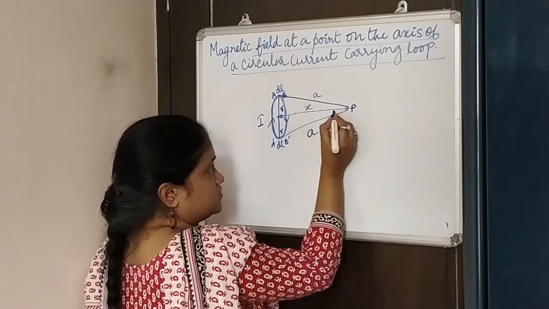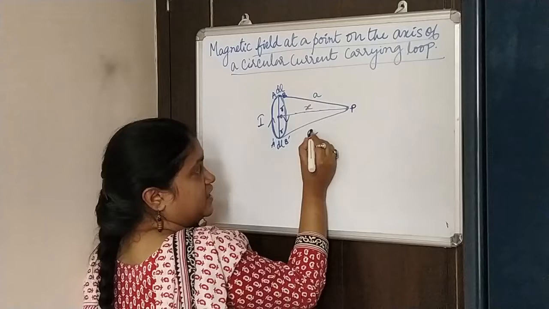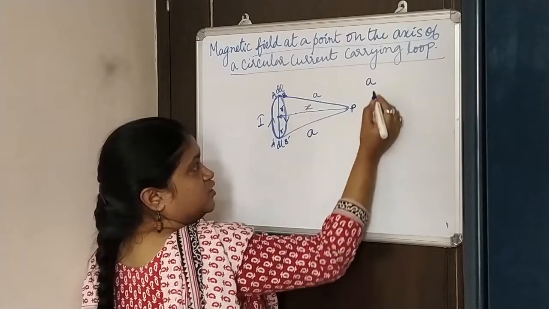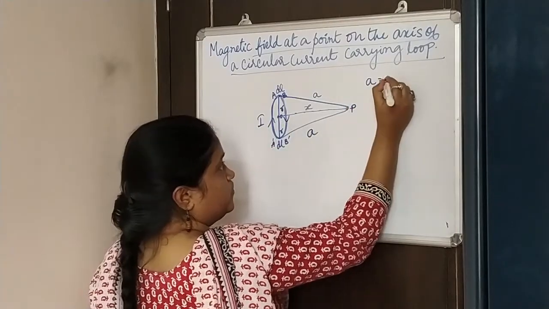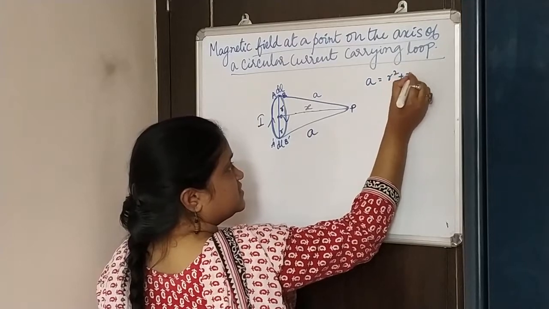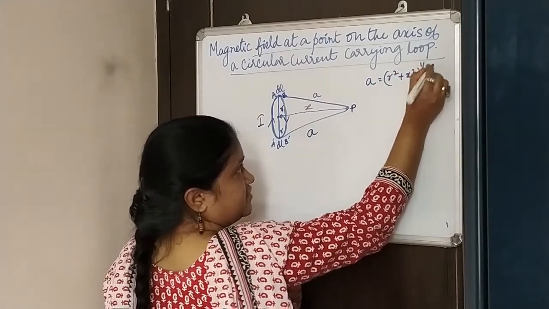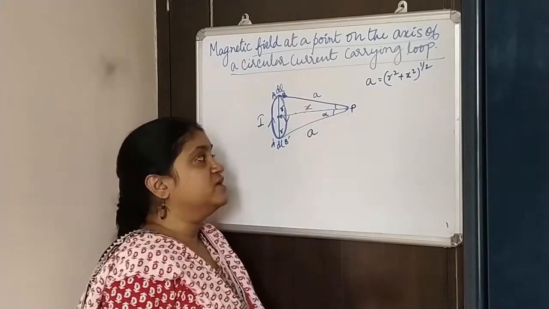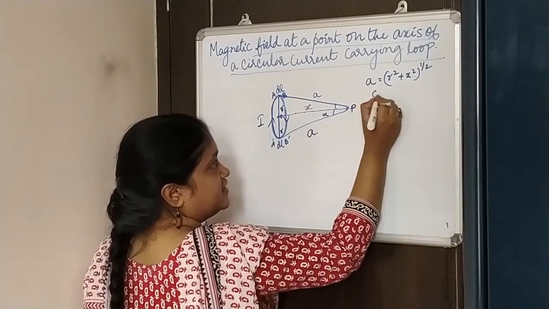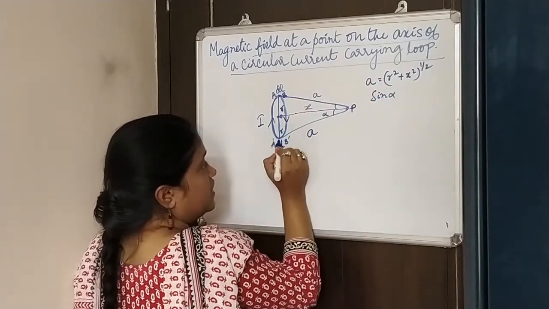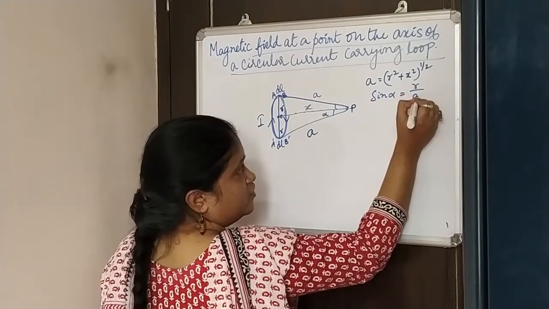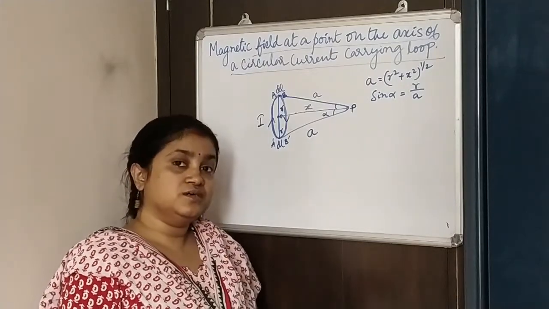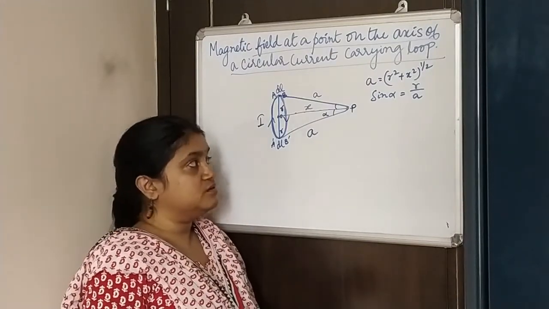If we calculate A from this triangle, A would be equal to R square plus X square, whole to the power half. Now suppose this angle we call alpha, then from this triangle you can write sine alpha will be R by A.